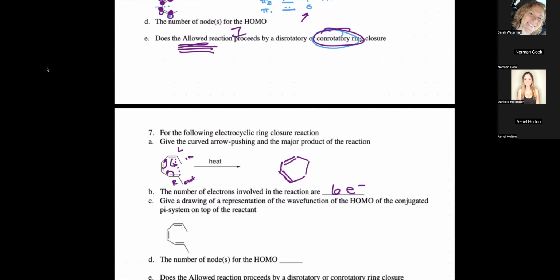Will my thumb be pointed up or down? Up, exactly. So our thumbs will be pointed one up, one down. That means one wedge, one dash. Which one gets which? Doesn't matter. It's arbitrary.